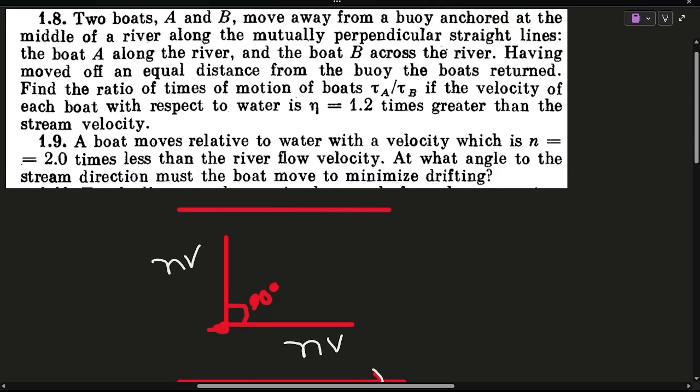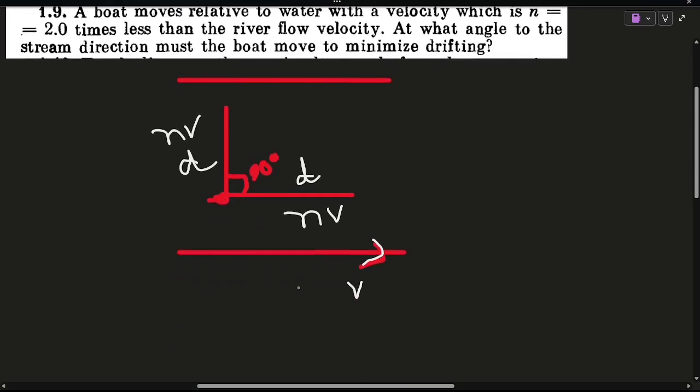Then the boats move an equal distance from the buoy and return. Let's call it d, and this is also d.